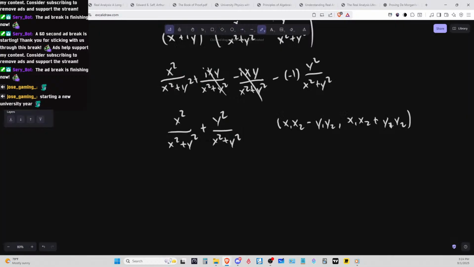So I think the way we did it wasn't the correct way of doing it. So in this case, we have x times x over x squared plus y squared, then y times y over x squared plus y squared.